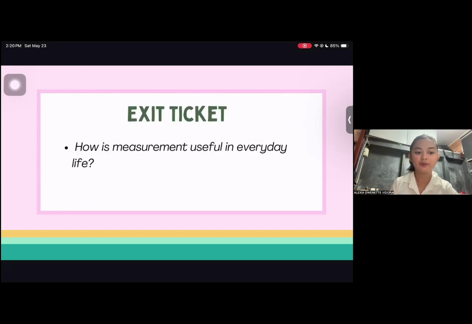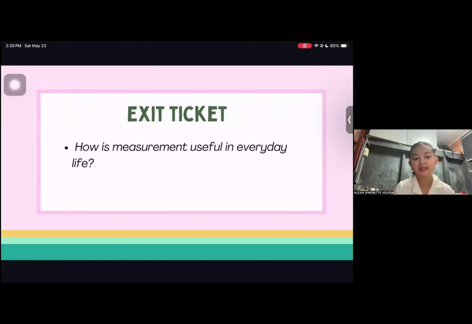So, before we end our lesson, let us answer our exit ticket. The question is, how is measure useful in everyday life? Anyone wants to answer? Very good answers, class.